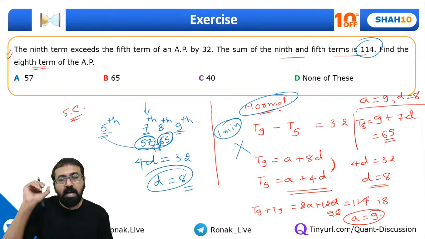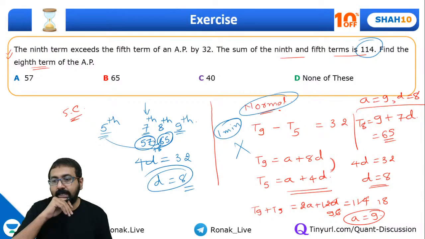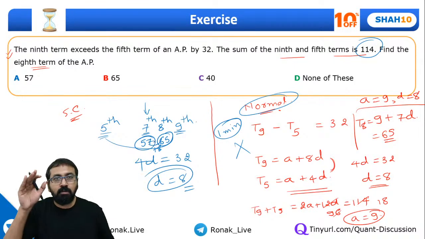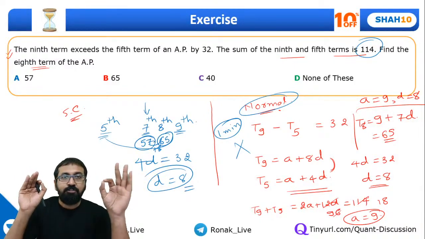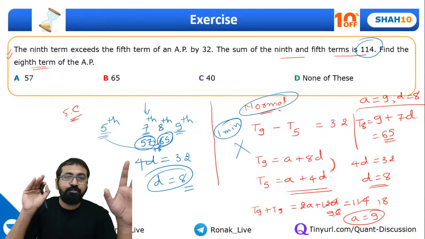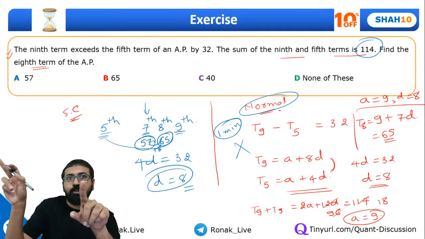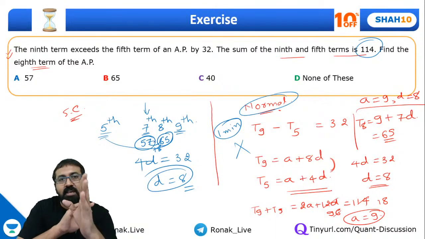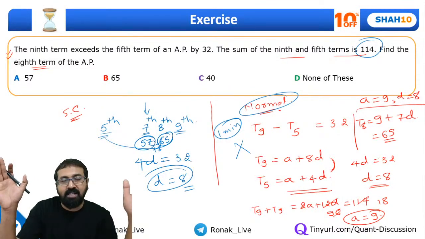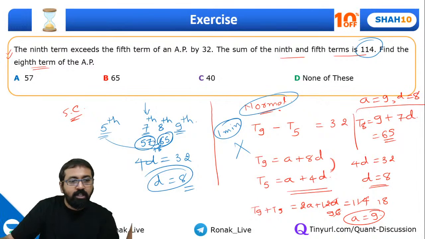Have you understood this method, guys? Please remember, in an arithmetic progression, if I know the 5th term and the 9th term, then the 7th term will be the average of the 5th term and 9th term, because the 7th is exactly in between 5 and 9. You can also do it this way.